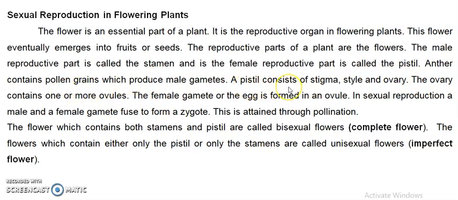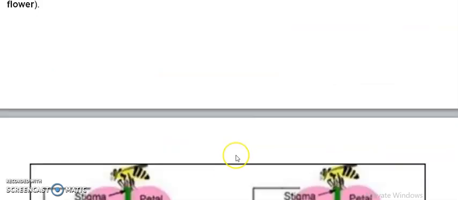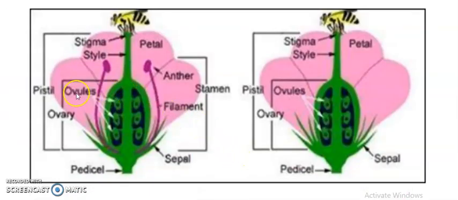The pistil contains the stigma, the style, and the ovary.